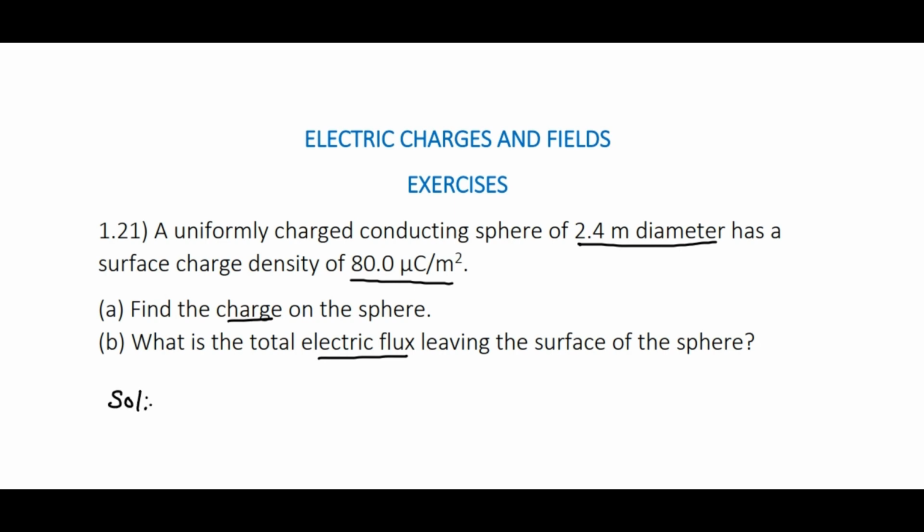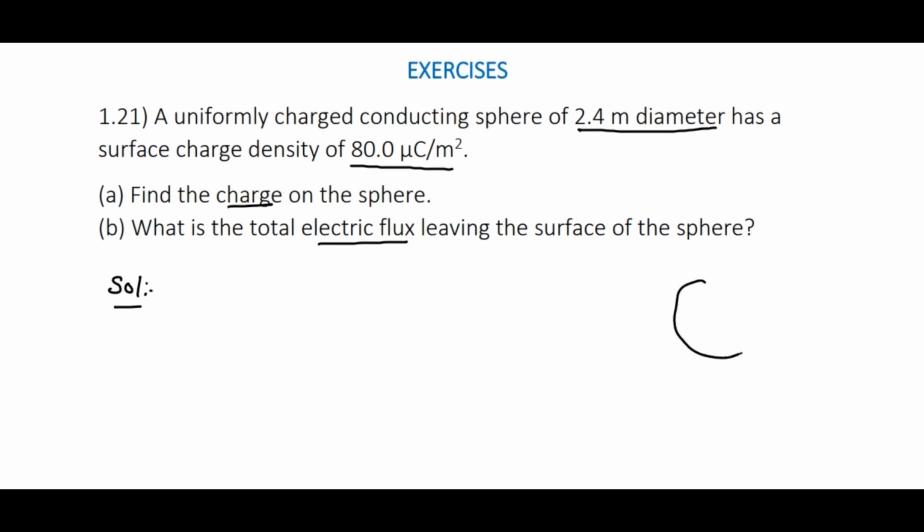Coming to the solution, we can imagine that there is a charged conducting sphere like this of diameter 2.4 meter, means radius is equal to 1.2 meter. The diameter is 2.4 meter, then radius is equal to 1.2 meter. Has a surface charge density sigma is equal to 80.0 microcoulomb per meter square.